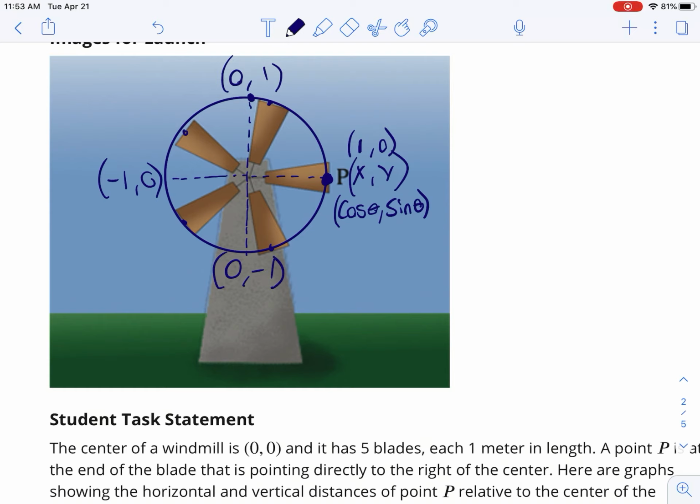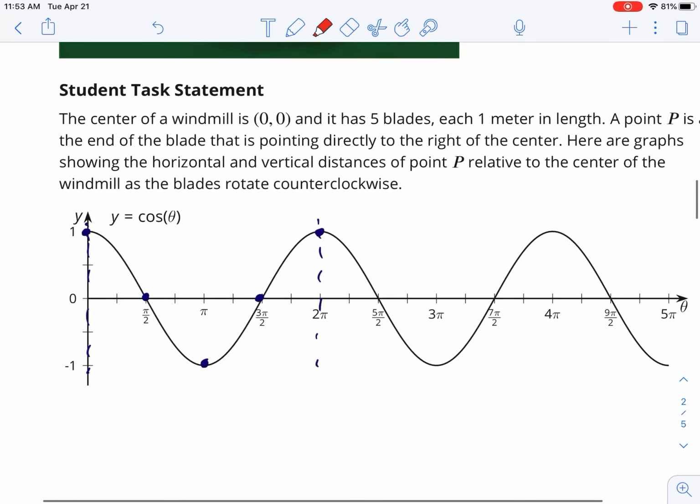Remember, these are x, y coordinates, and then we're going back to 1, 0. So once again, we're going this direction from our first quadrant to our fourth quadrant, and then around again. So if you think about this, cosine starts at 1, then goes to 0, then -1, then 0, and then back to 1 again. And that's exactly where these all come from.